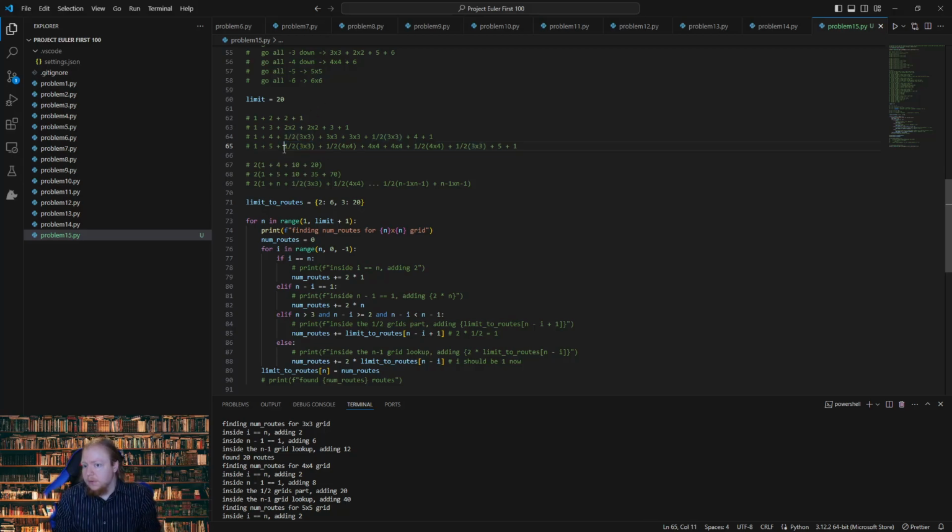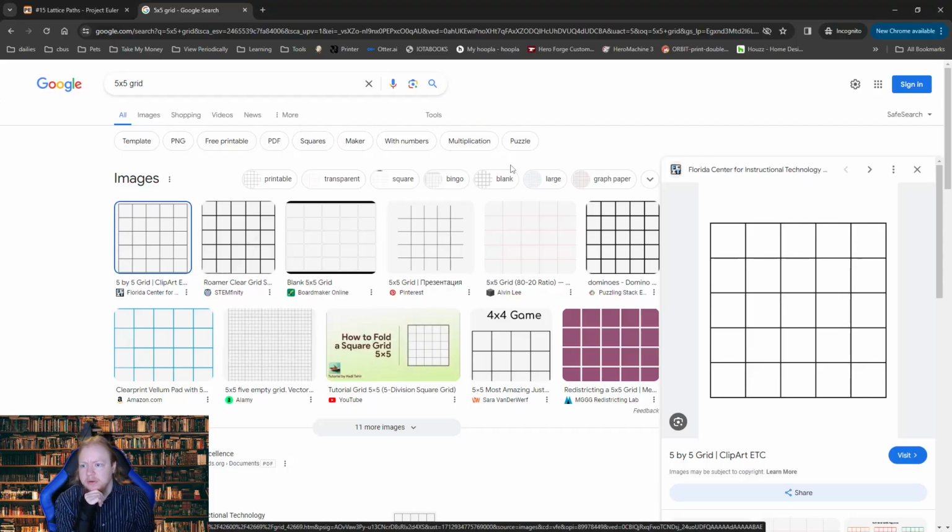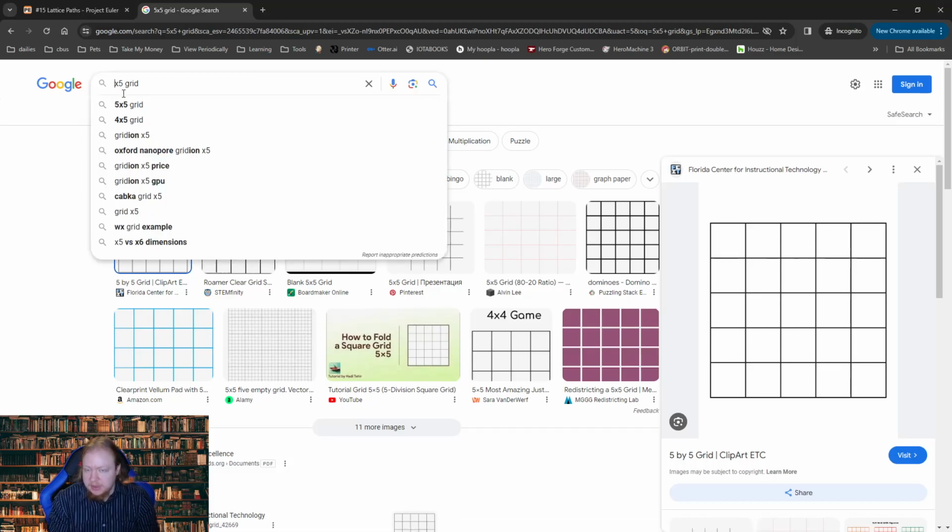So if we add that into our formula, will it always be half 3 by 3 plus n is the real question here. Let's pull up a 6 by 6.